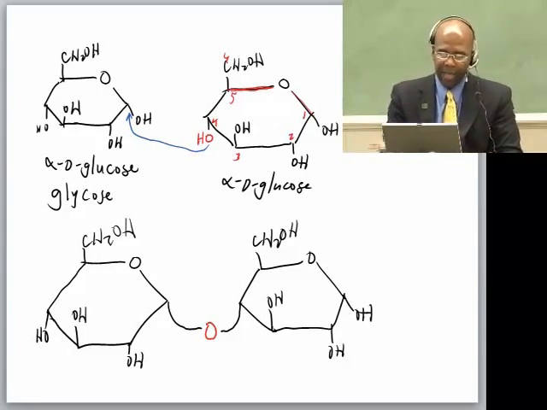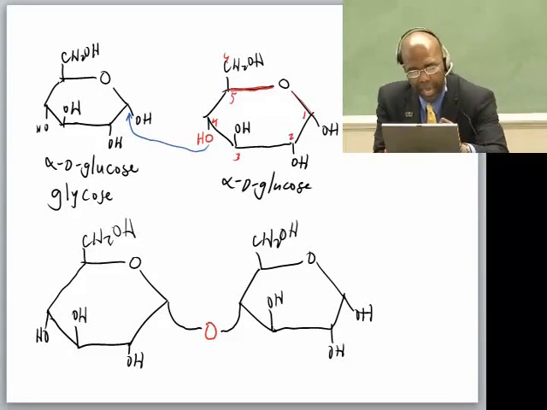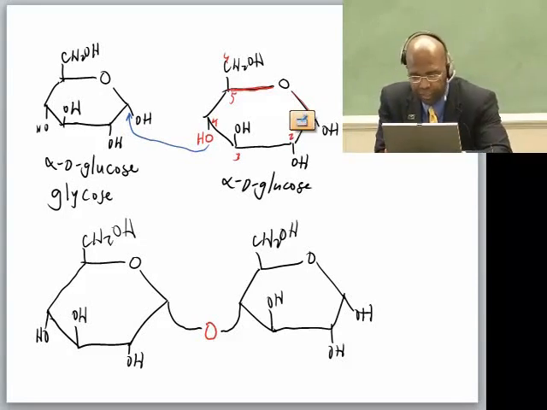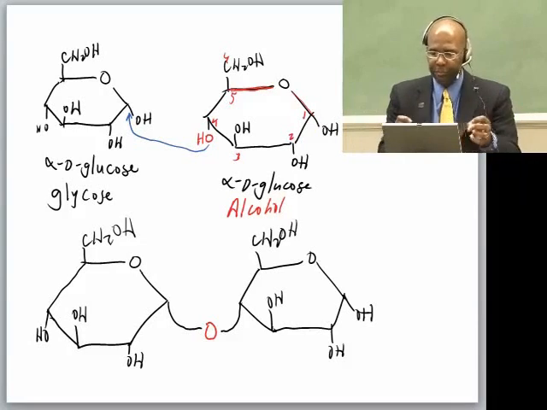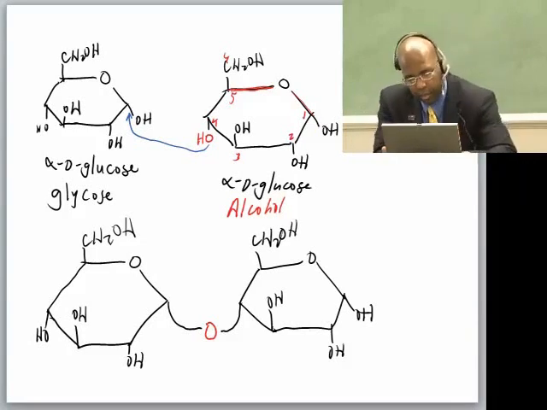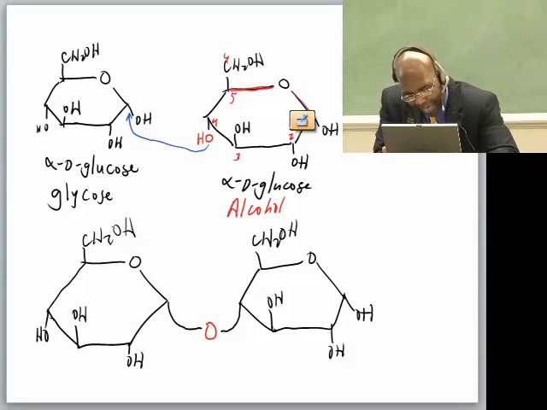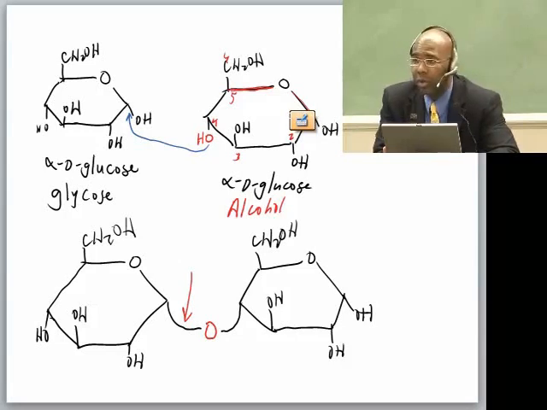Okay. And so we have our glycose, which is alpha-D glucose, and our alcohol, which is also alpha-D glucose, and we've just joined them together. Before we name this compound, what type of bond is between the glycose and the alcohol? A glycosidic bond.